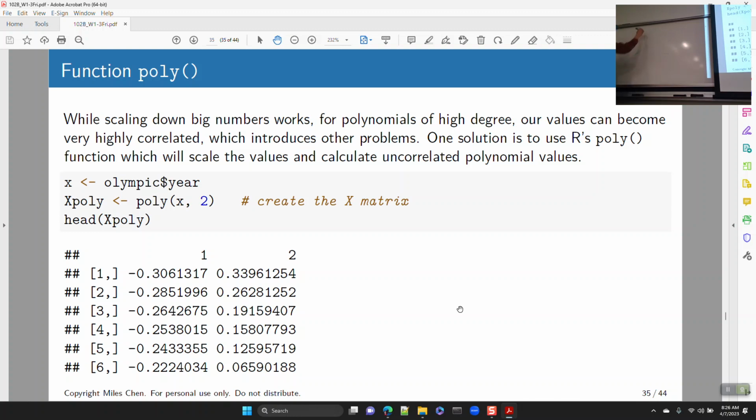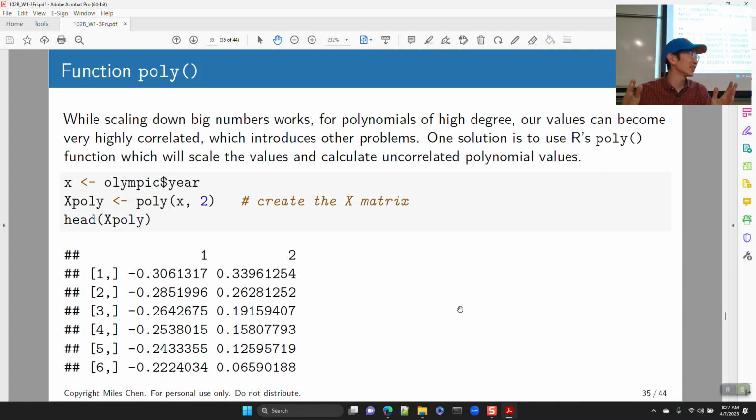And basically, if you just do x squared, x cubed, x to the fourth, and you're just dealing with positive numbers, all of these things end up having very, very high correlations. You have correlations of like 0.99, 0.98, and basically as x gets bigger, x squared, x cubed, x to the fourth, x to the fifth, they also all get bigger.